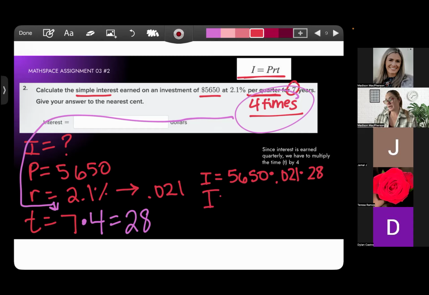I got I equals 3,322.2, which means it's 20 cents. So $3,322.20. So that would be your answer here.